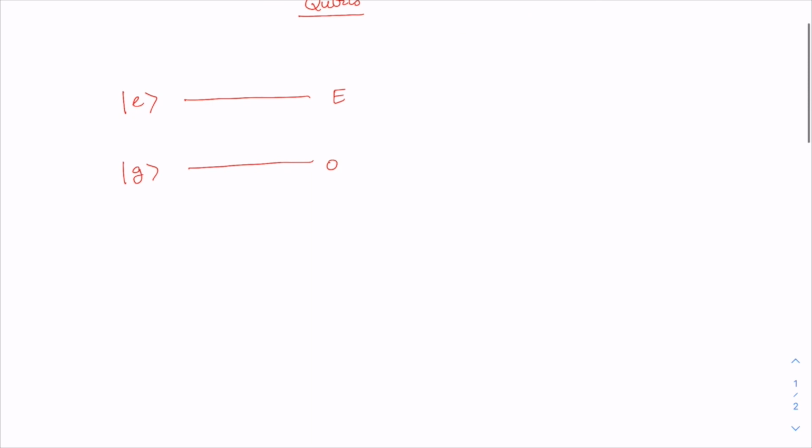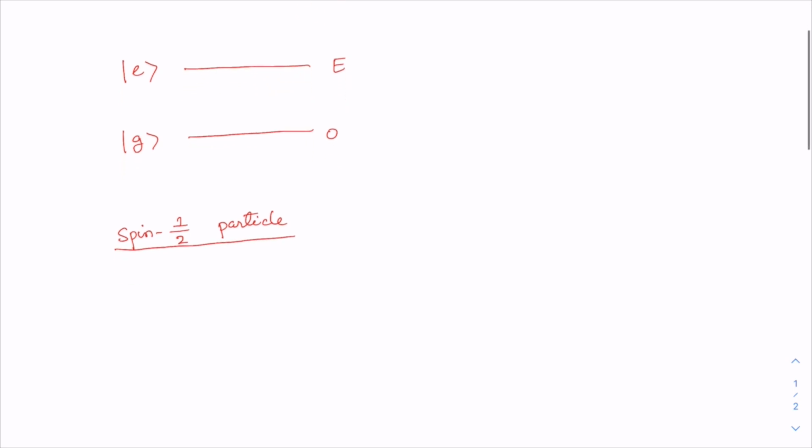In the real world, we can consider a spin half particle or a spin half quantum system as a two-level atom or two-level system, and we know that for a spin half particle we have only two states. One is the up spin state and another one is the down spin state, and they can be represented by these kets.